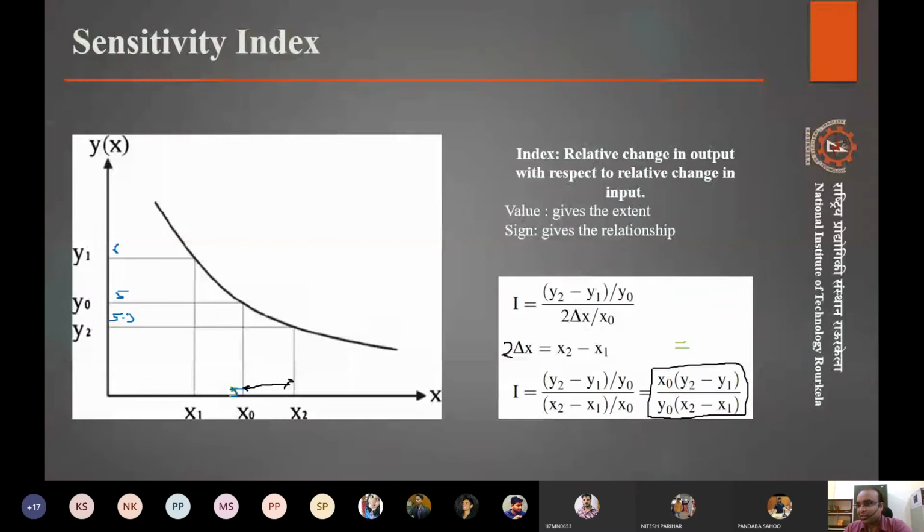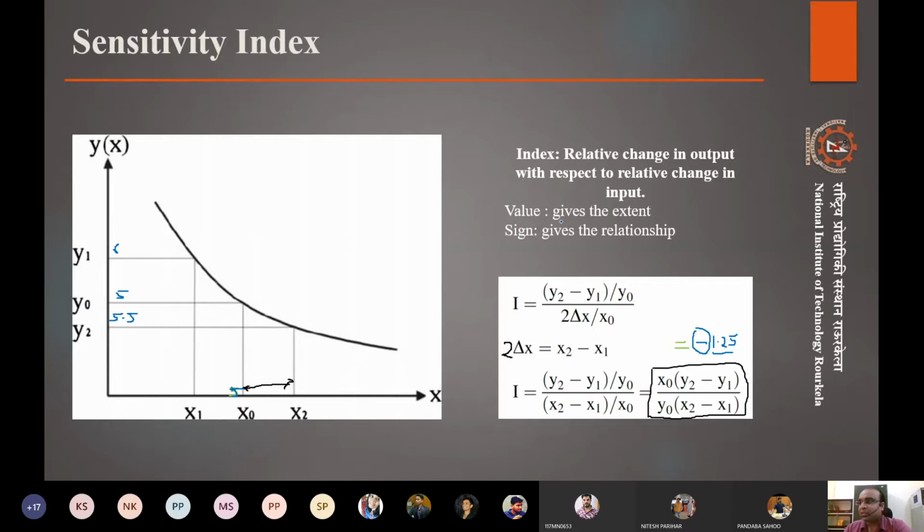So we are seeing that y2 minus y1 is negative and x2 minus x1 is positive. So this will come with a negative sign, suppose 1.25 or whatever the value comes up. So you see there are two components, the sign and the value, and both of these have significance.